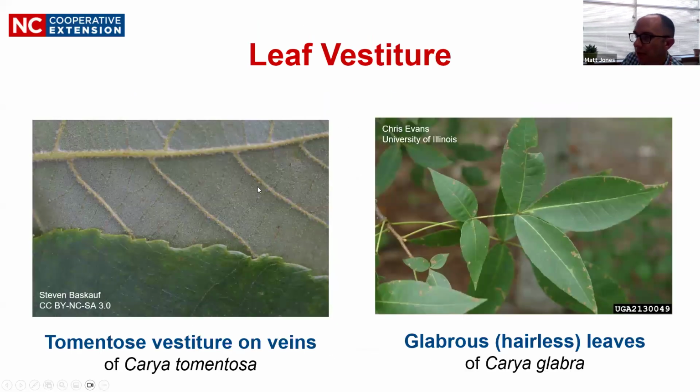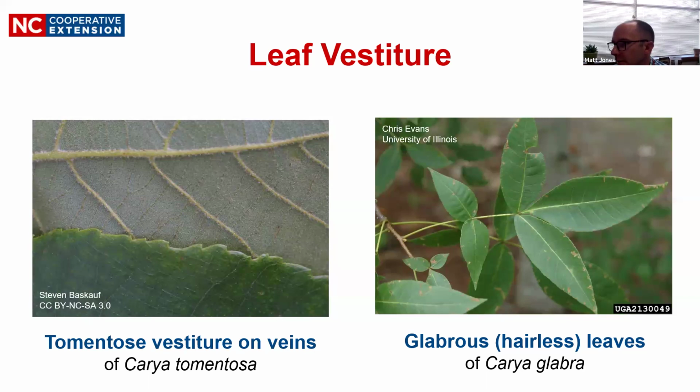A really good example is comparing two of our native hickory species, which have perfectly appropriate specific epithets. Carya tomentosa has tomentose hairs on the underside of the leaves and the petioles.